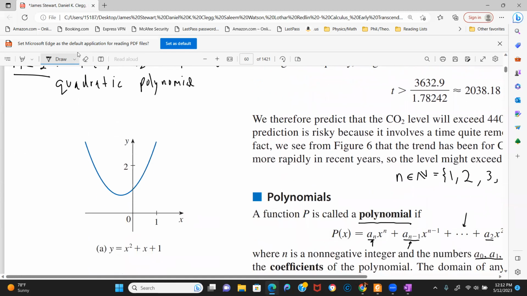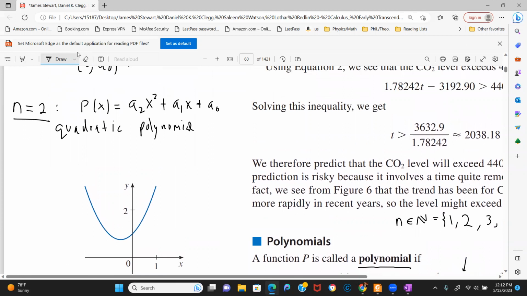And the graph looks something like this. Really the only graph you need to memorize is the graph of p of x equal to x squared. If you graph that, it's going to look something like that. It's going to start at zero and open up like a parabola. That's pretty terrible though.